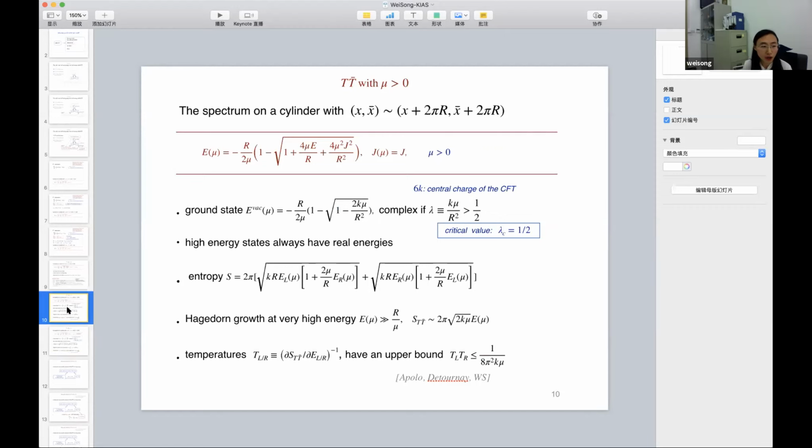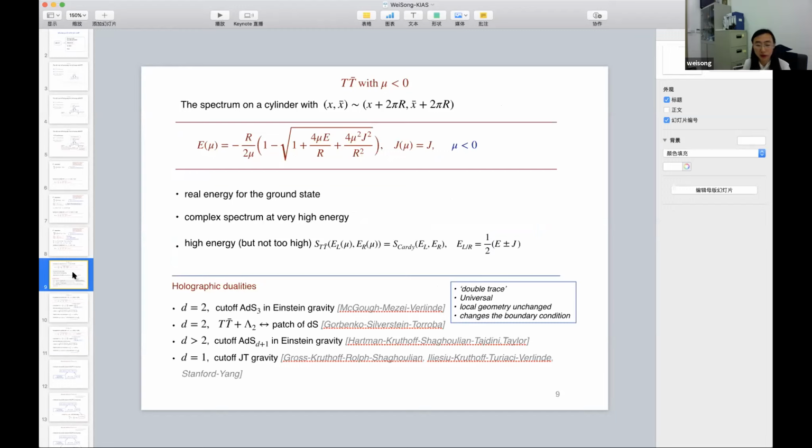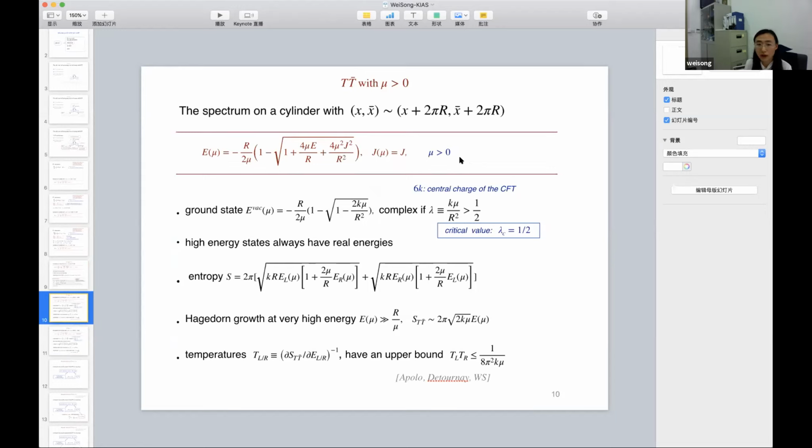Okay. So the cutoff proposal is for the negative sign of the deformation parameter. Today I will mainly focus on the other sign, with positive mu. It has different behavior from the other sign.